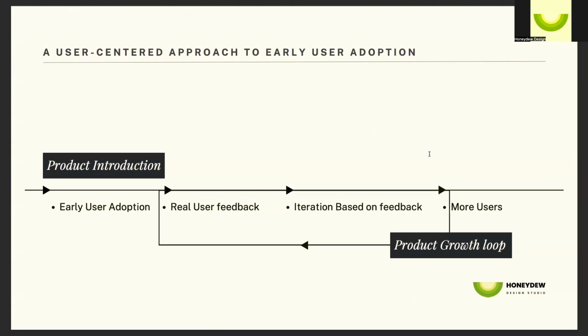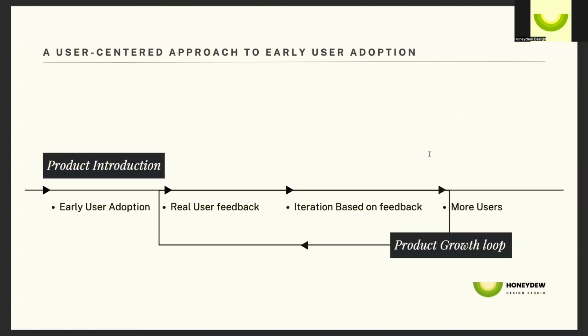These early users are very valuable because they are the real users of your product. Those real users will give real feedback about your product, and the product team will conduct product iterations based on that real feedback. If the product team is lucky enough, they will get valuable feedback and conduct a successful product iteration, which will attract more users into this product.